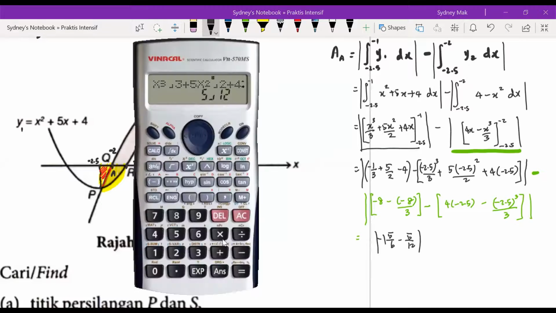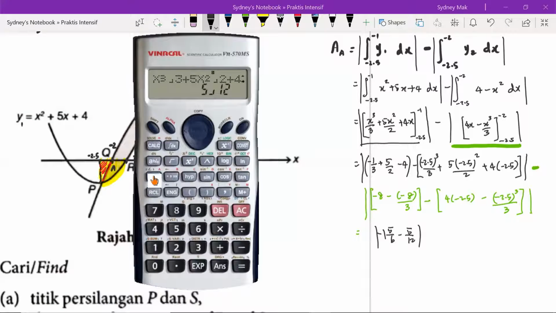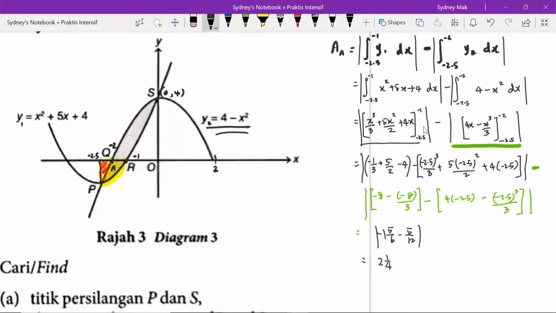All right, so we have -1 and 5 over 6, and then minus 5 over 12, the last answer. So we got -2.25, right, in fraction form, -2 and 1 over 4, which after modulus, we got 2 and 1 over 4.